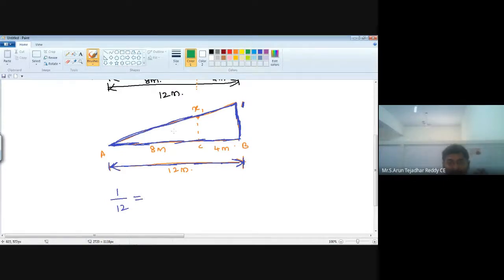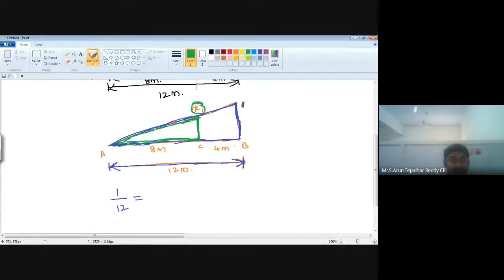Now I need the x1 value. So from point A up to here, make one triangle, green color. Now what is the perpendicular here?